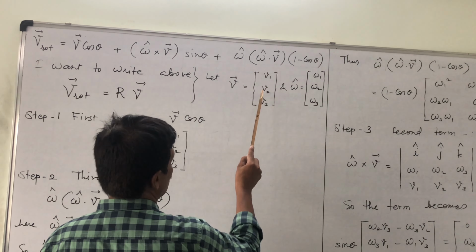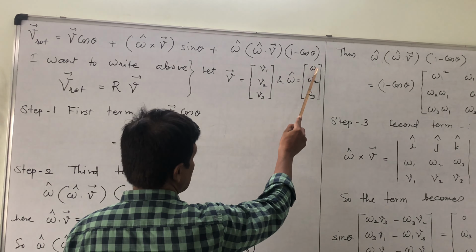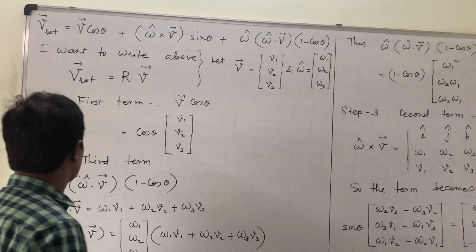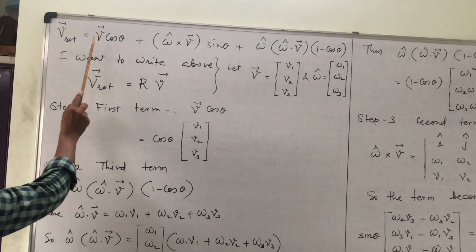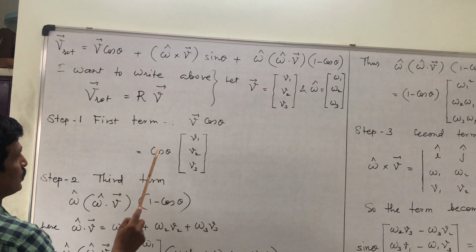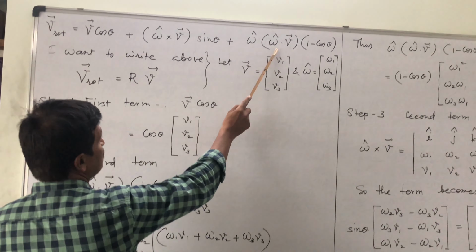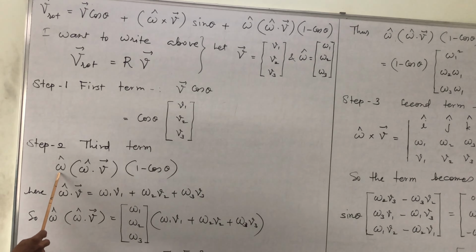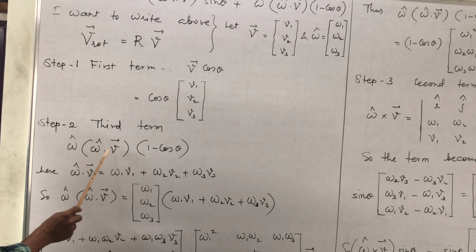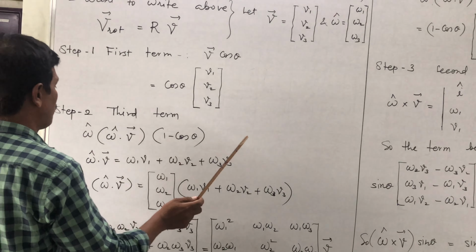Let V be V1, V2, V3 and omega cap be omega 1, omega 2, omega 3. The first term is V cos theta, so cos theta into V1, V2, V3. The third term is omega cap into omega cap dot V into 1 minus cos theta.